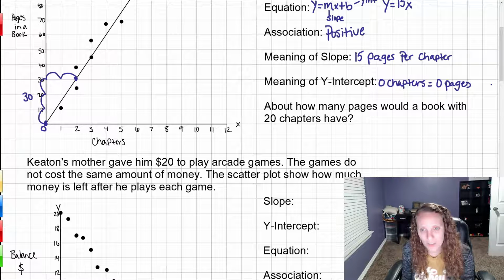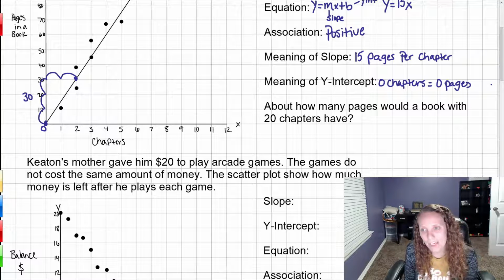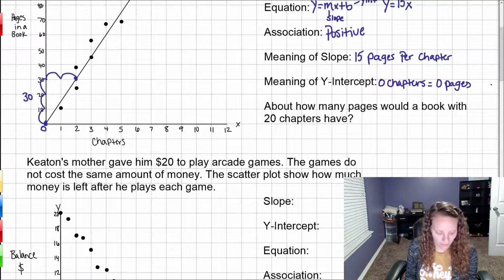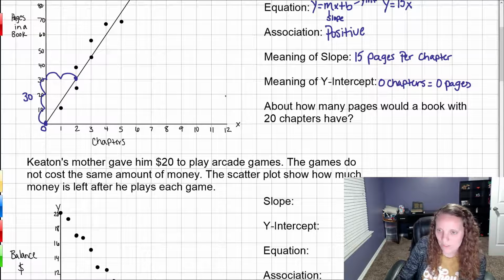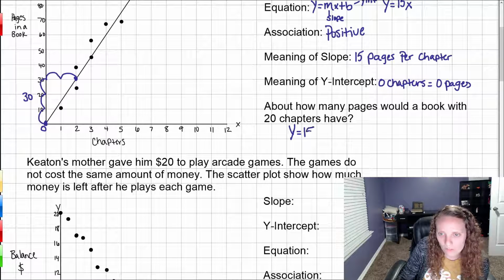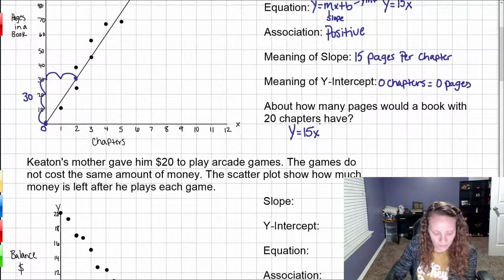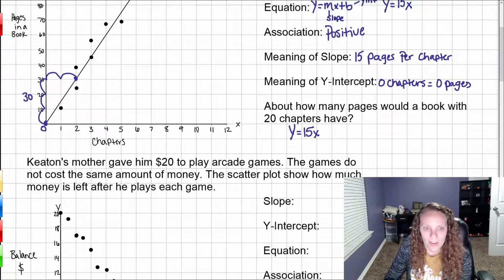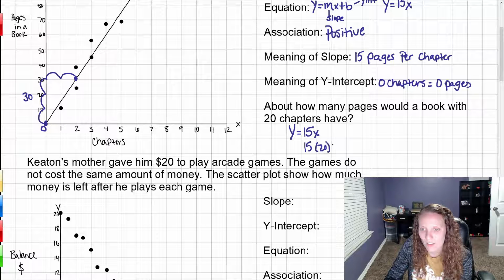All right, the last question for this one says, about how many pages would a book with 20 chapters have? Okay, so let's go back to our equation. y equals 15x, where x stands for chapters, if you look at the x-axis, and here it's asking for 20 chapters, so we would plug in 20 for x, and so all we would need to do is 15 times 20.